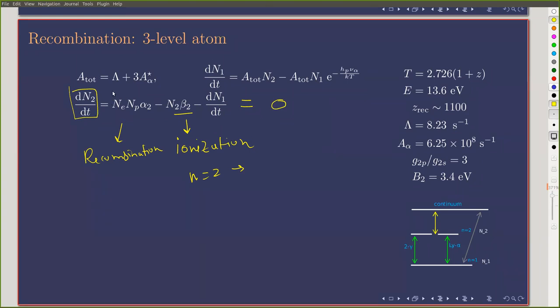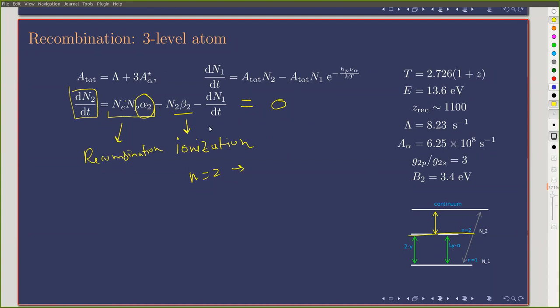So look, you can think of it this way: if you want to see the number of particles coming into the first excited state, they enter this state through recombination. So this recombination depends on the recombination coefficient for the first excited state, and the number density of electrons and protons.